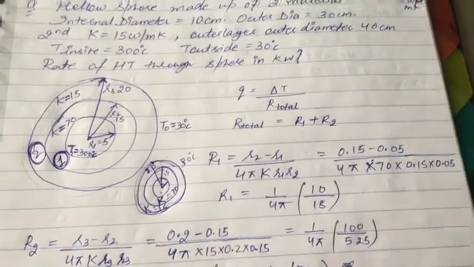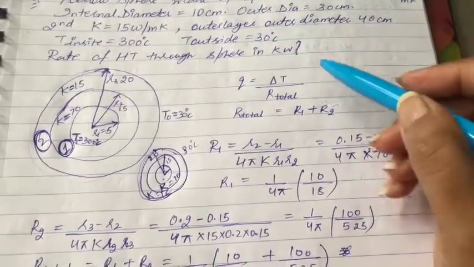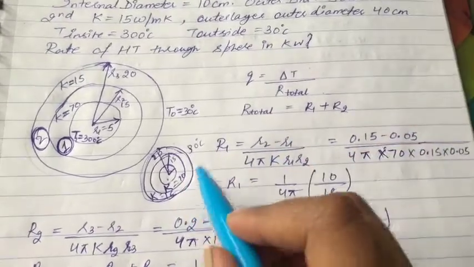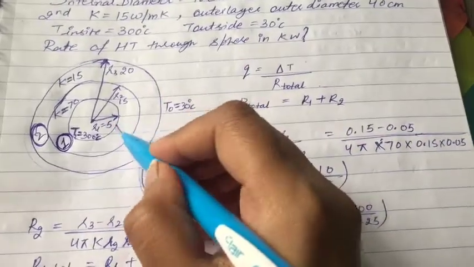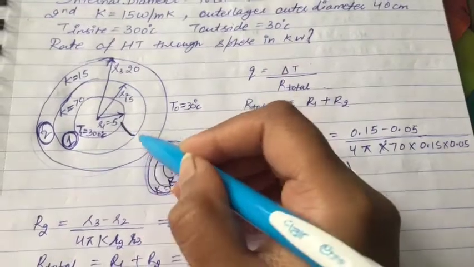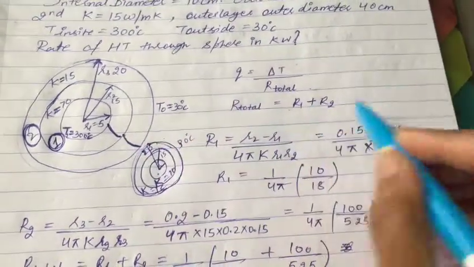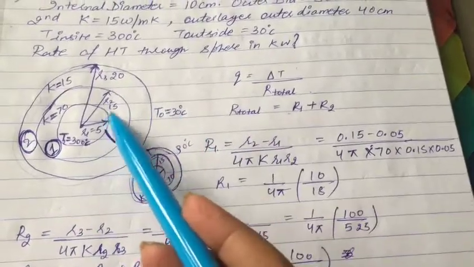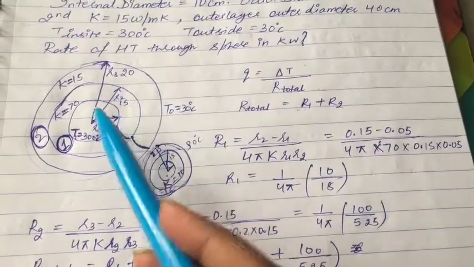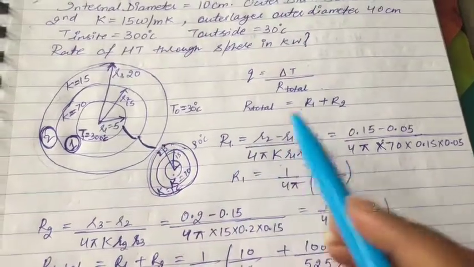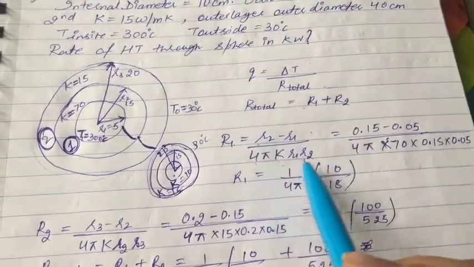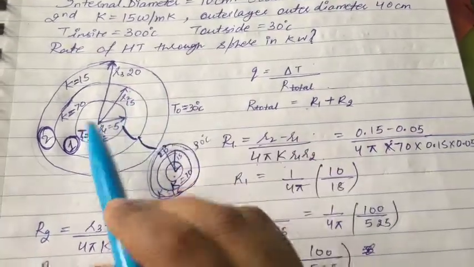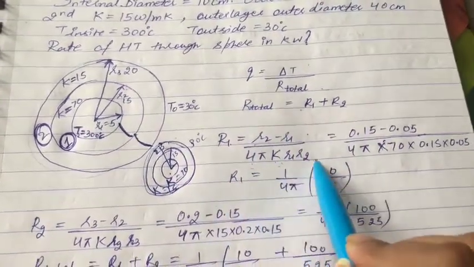Okay, so Q we know is delta T by R total. R total would be the resistance of the first layer plus the resistance of the second layer, R1 plus R2. To calculate R1 for the first layer, R1 would be R2 minus R1 by 4 pi K R1 R2, with R2 as 15 and R1 as 5.